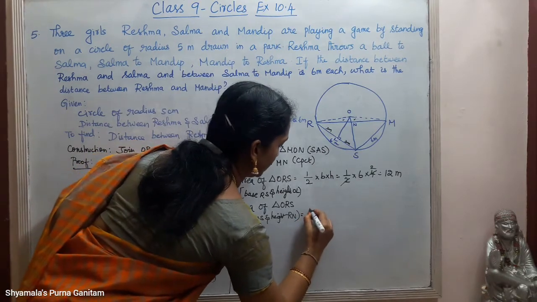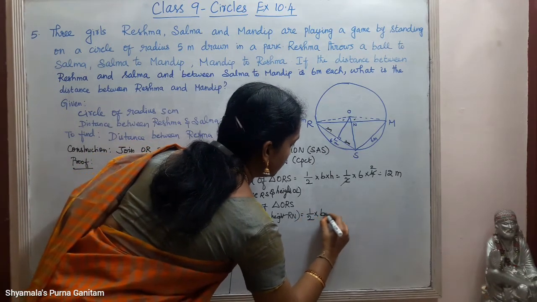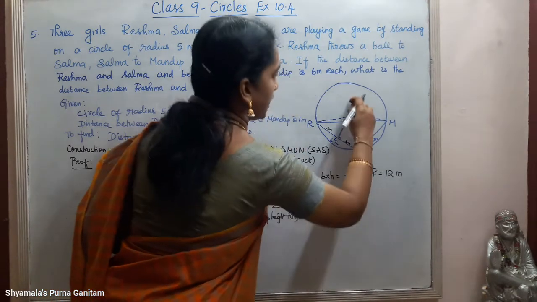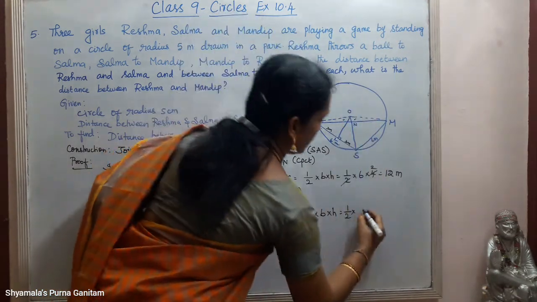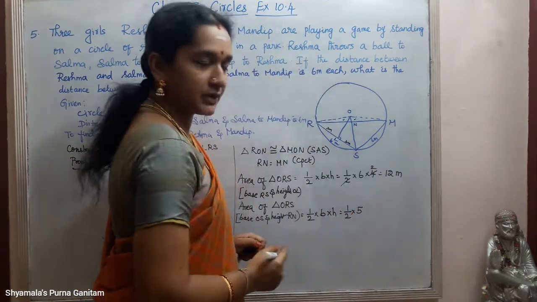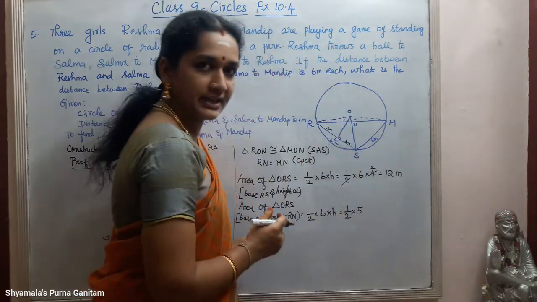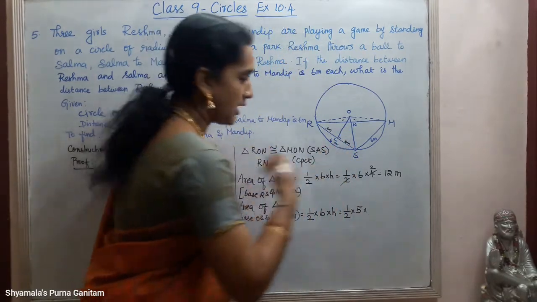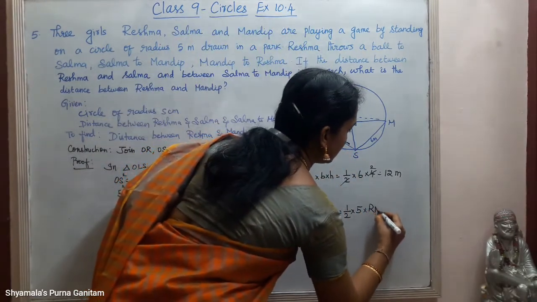So that is equal to half into base into height. What is the base? The base is 5 meter, the radius of the circle. OS is the radius of the circle, that is 5 meter, into RN. RN we don't know, so we will find it.